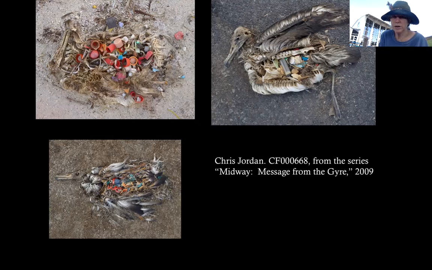Chris Jordan went there and found these decomposed albatross chick bodies with the contents of their stomach still there, because the plastic doesn't degrade. The chick may degrade, as you can see in the upper left corner, but the plastic is kind of forever, and that's what killed the chick.